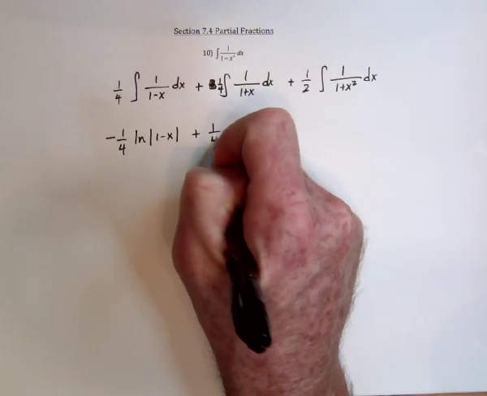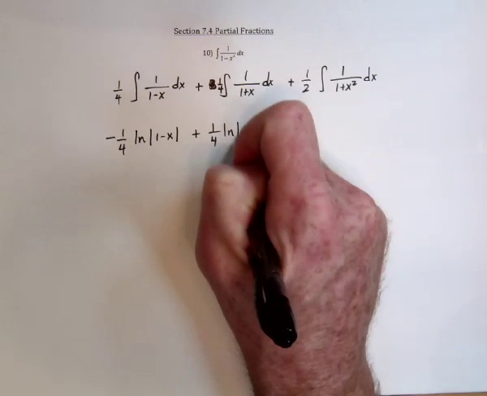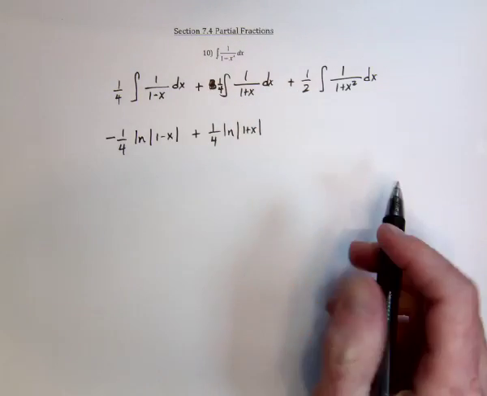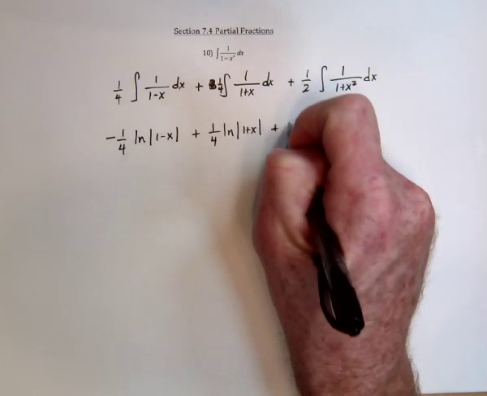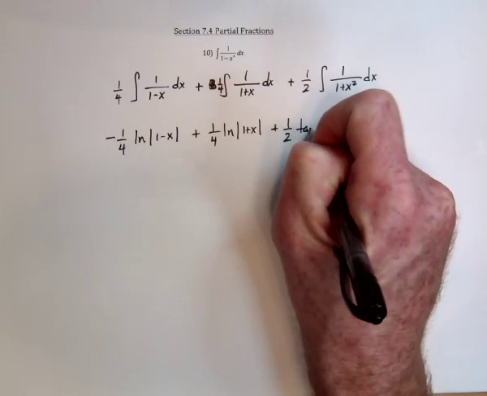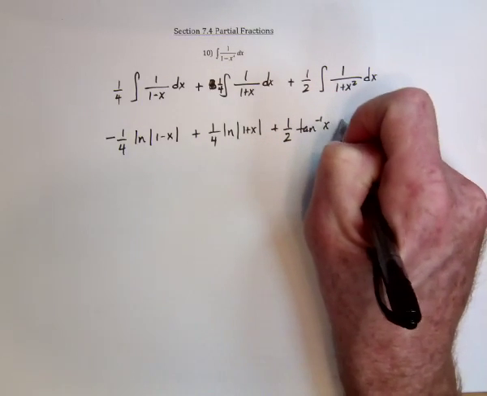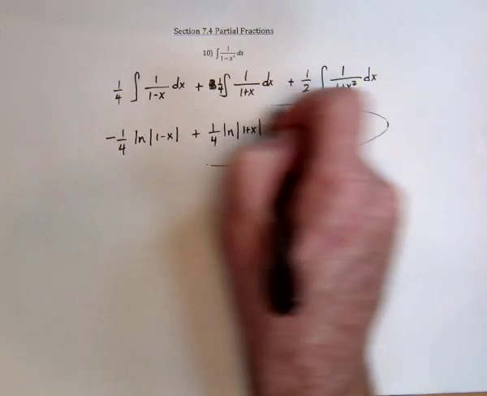The next one would be 1/4, and then that's natural log of 1 plus x. And for this last one, you should just recognize that that is tangent inverse of x. So the last one is 1/2 tangent inverse of x, and then don't forget the constant of integration at the end.